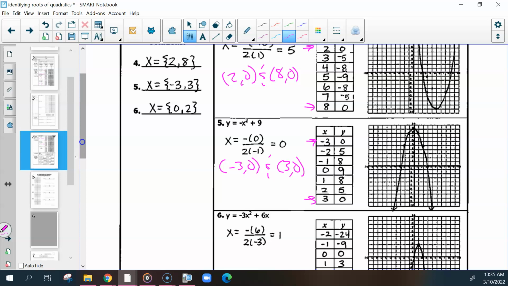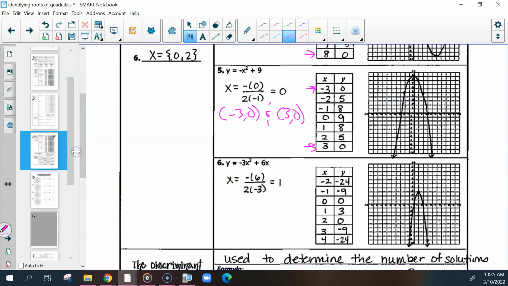Questions on that one? And then the very last one, you have 2 solutions again at 0, 0 and 2, 0. Questions on that one?